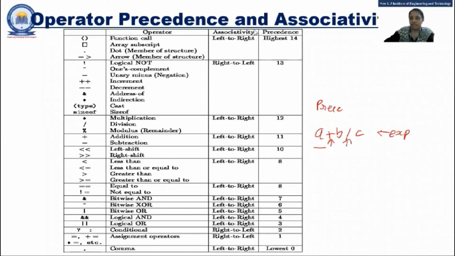Okay, precedence. And what is associativity? That is when you have operators of the same category. I have A plus B minus C. So which will execute first? Or does it make any difference in the answer?